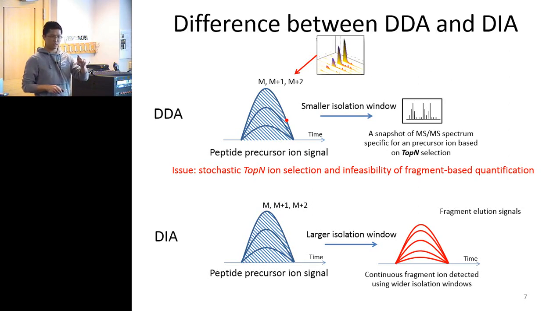But here, because you use a wider window, the link between this peak and the parent peptide is not that clear. We need to use other computational ways to deconvolute, to see, okay, this is coming from this one, but this one may be coming from another peptide, which just happens to be in a similar mass range. Okay.